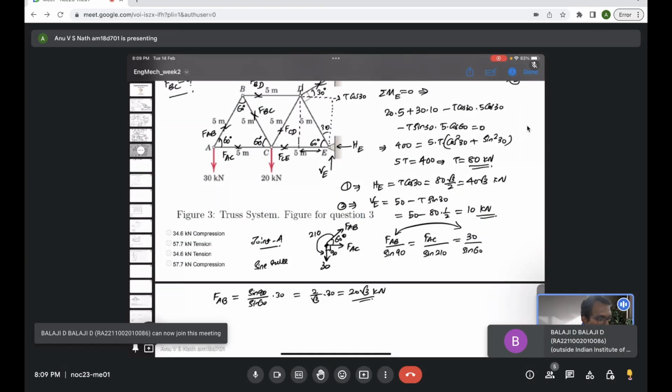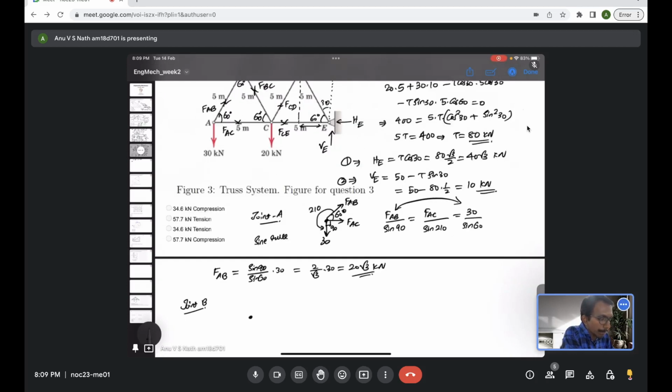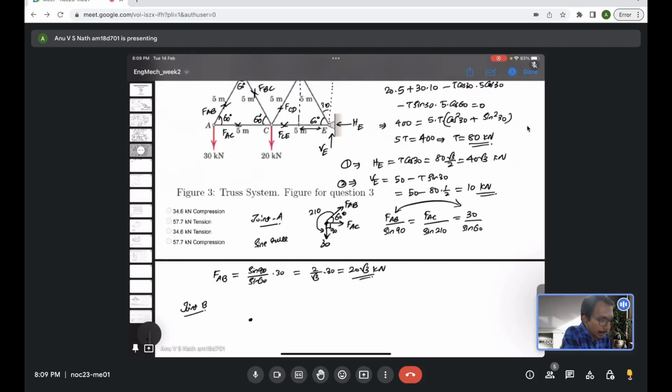Now we'll move to the next joint, that is joint B. If you draw the free body diagram, you can see FAB is acting in this way, which we just evaluated.